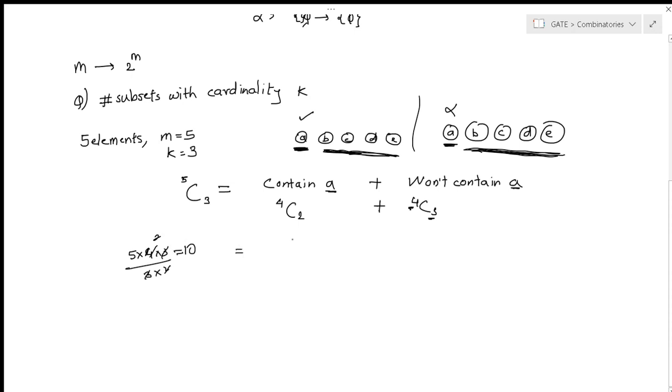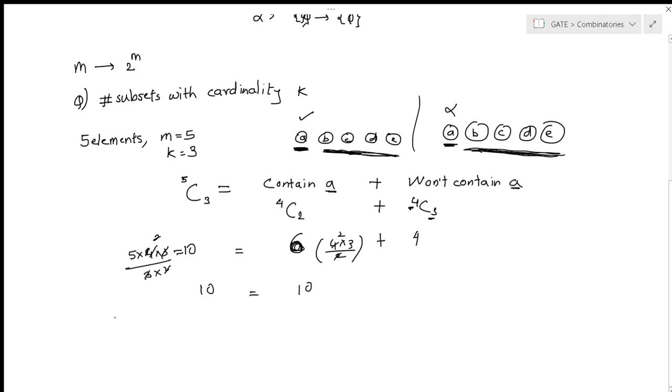What is 4C2? 4 times 3 upon 2, which is 6. Sorry. And 4C3, what is 4C3? 4C3 is equivalent to 4C1, so it's 4, right? So what answer do we get here? 10. And what answer do we get here? 10. So both of them are equivalent.